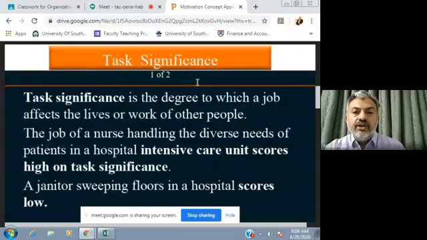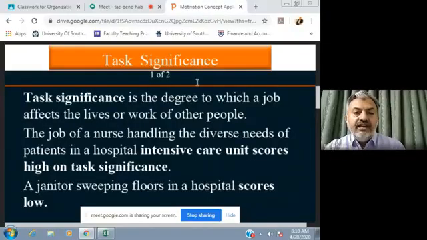The nurse regularly has to take their temperature, and see whether their blood sugar levels are under control and their blood pressure is normal. There is a variety of things that she is doing to keep the patient stable. That's why this job scores high on task significance, because it is a matter of life and death for the patients in the intensive care unit.